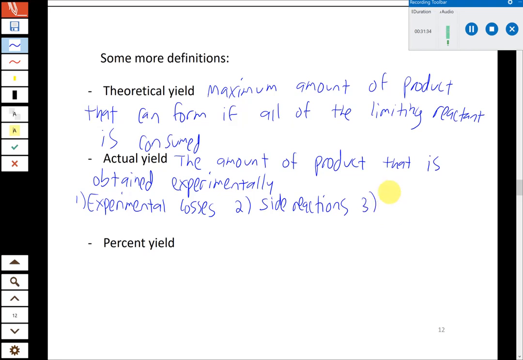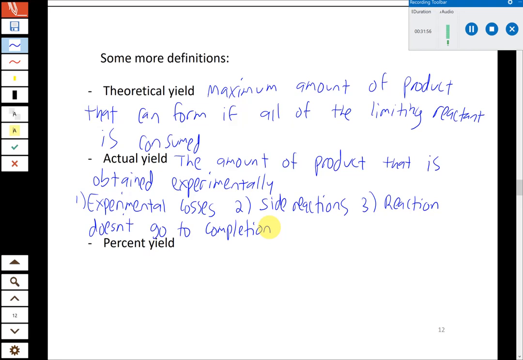And then another reason, which is a topic you'll cover in more detail in the second semester of general chemistry, Chem 1332, is that in some cases the reaction just doesn't go to completion. This is a situation referred to sometimes as equilibrium, where basically the reactants don't completely react with each other.